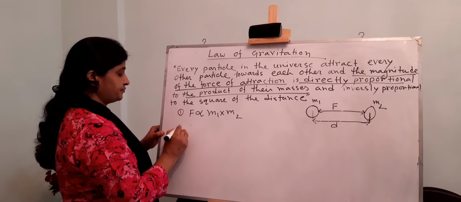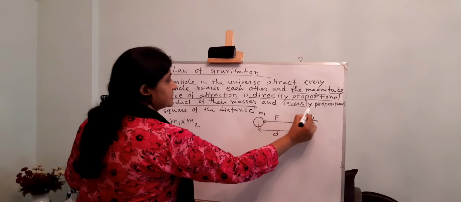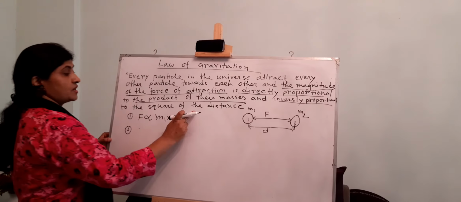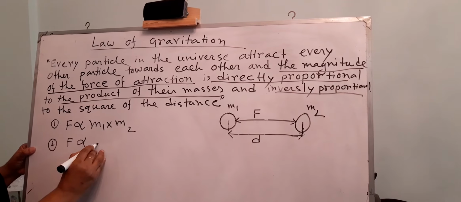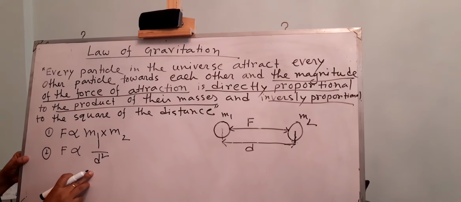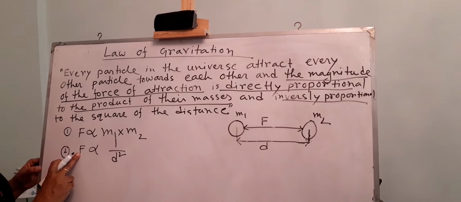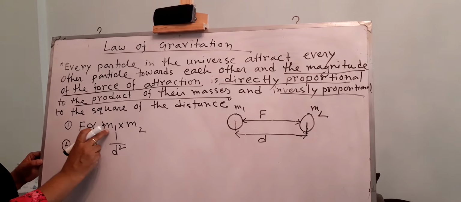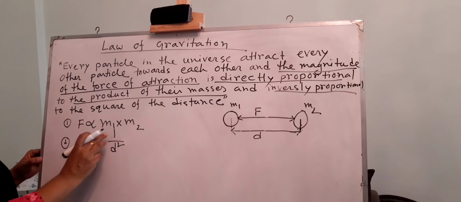Number 2, I am writing here, the attraction force is inversely proportional to the square of the distance. Inversely proportional means 1 by d square, where d means distance. So from 1 and 2 we can write F proportional to m1 into m2, and F proportional to 1 by d square.